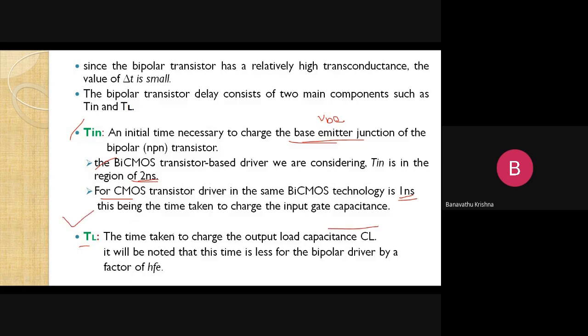And TL is the time taken to charge the output load capacitance, that is CL. It will be noted that this time is less for the bipolar driver by a factor of hFE. Here hFE is nothing but the current gain, right?